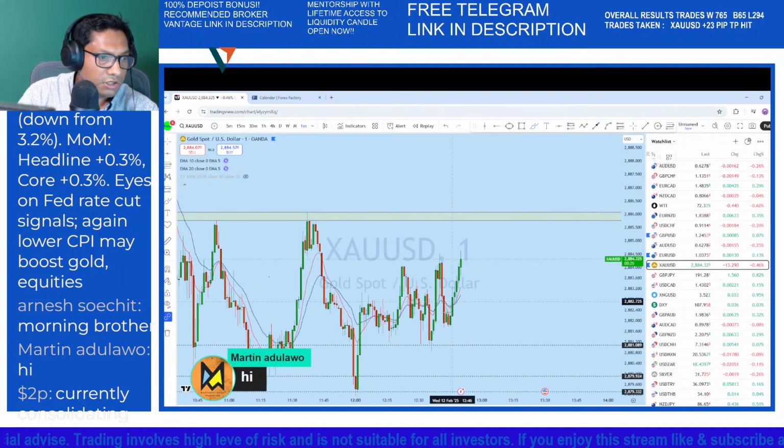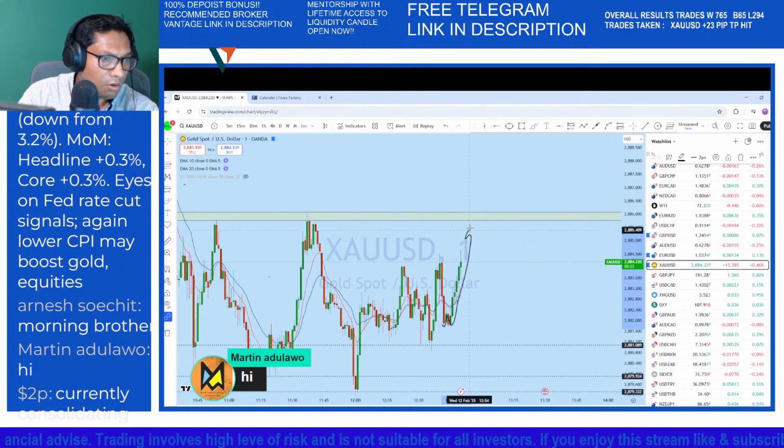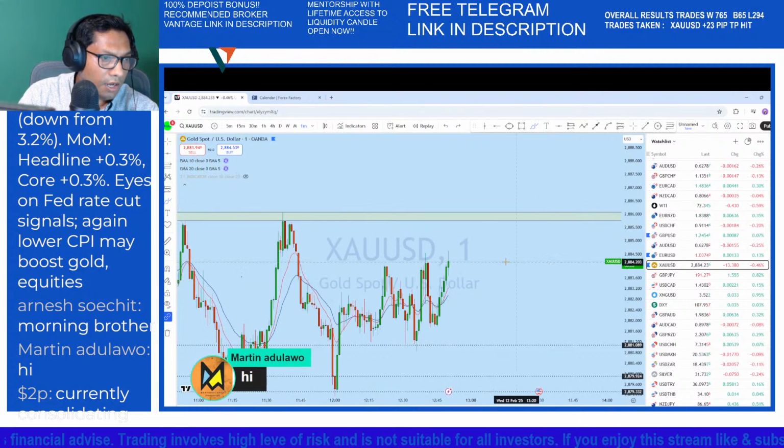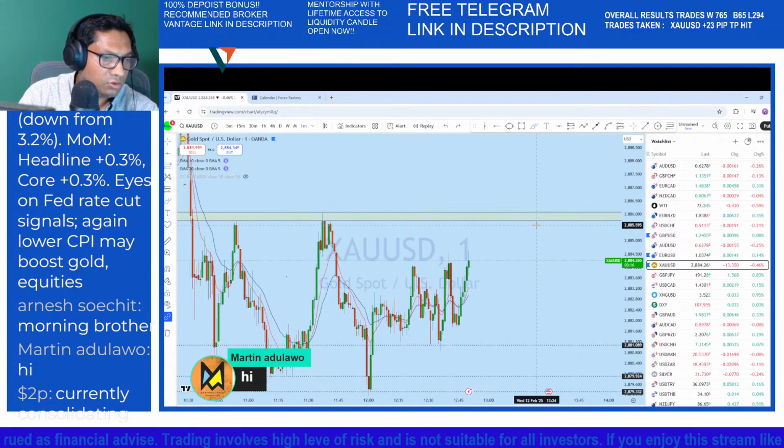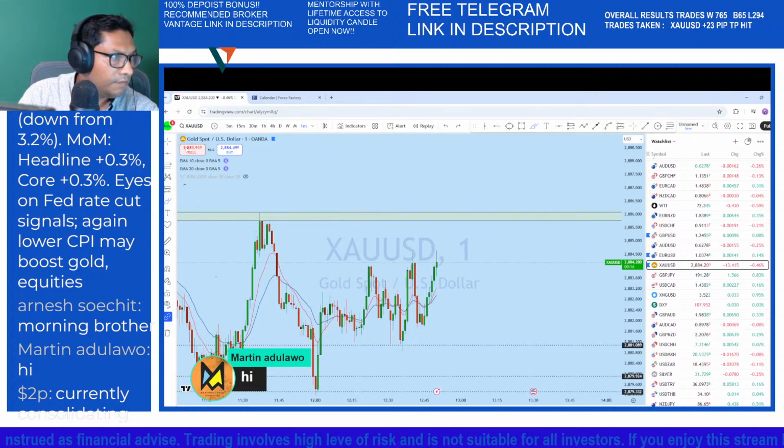From here, this is a double bottom, complete breakout, and with that breakout, expecting for the market to potentially trend to the upside to create a new higher high.